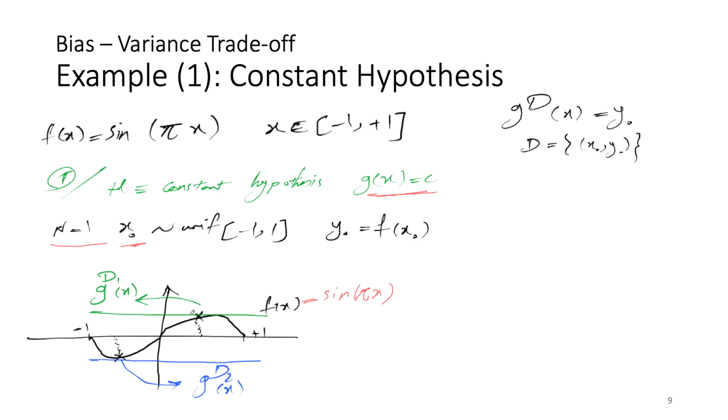So what can we observe from these two simple constant hypotheses? We are interested in using bias and variance to describe this, right?